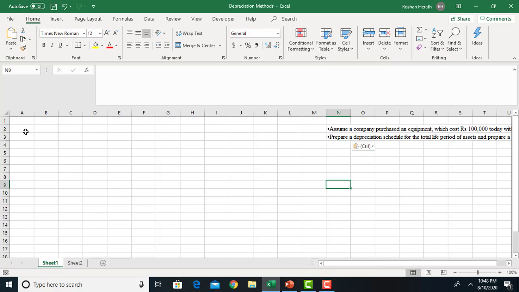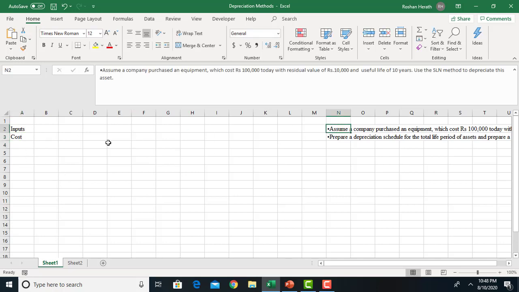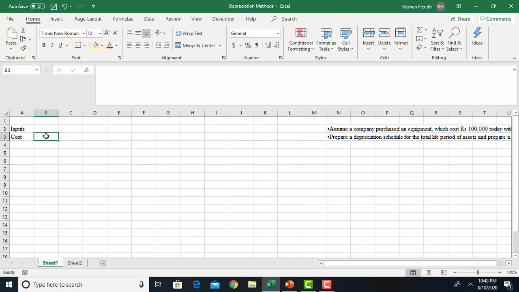Right. As usual, we are into the model development. We need to identify the inputs for the depreciation computation. Here we have the important inputs; the cost information should be there. The question says that the cost is 100,000, so we have taken the cost as 100,000. Then we have the residual value or the salvage.